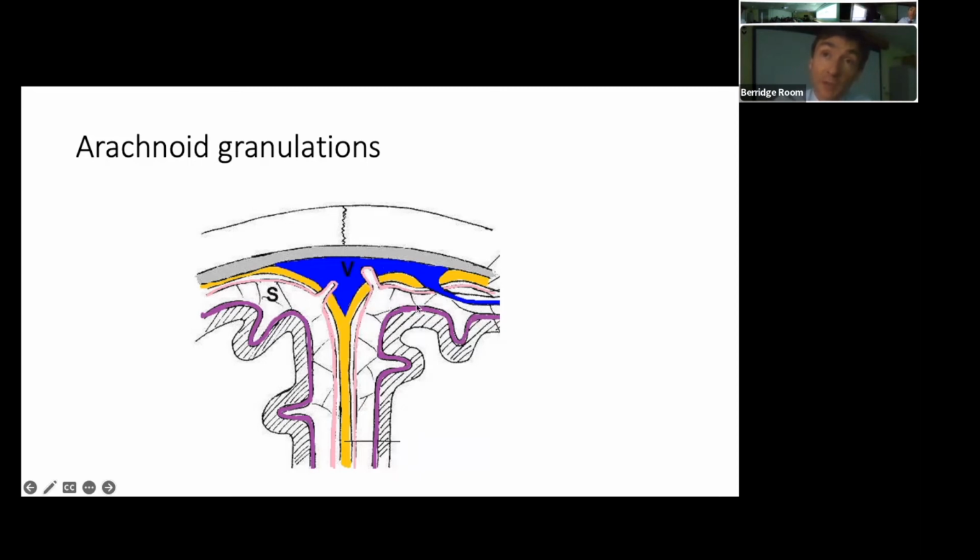It's got these little adhesions, very fine membranous structures within it. And where the subarachnoid space meets the venous sinuses, there are these outpouchings of arachnoid, and we believe that CSF is reabsorbed into the venous blood through these arachnoid granulations. And then the yellow line is the dura mater, which splits here to accommodate the venous sinus. So I guess this is probably the sagittal sinus here.